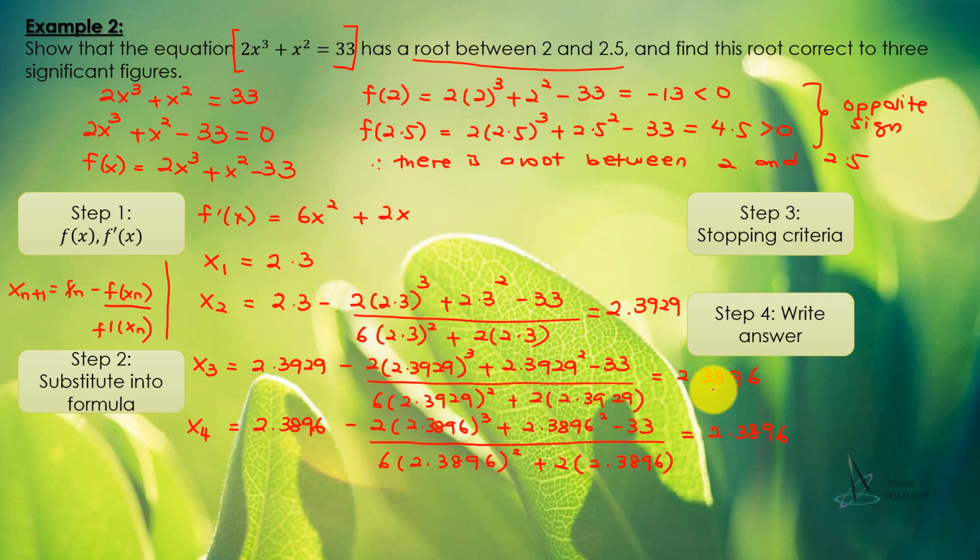So this is similar, both of them are similar. Therefore, this is our third step where we stop because they are similar. Now let us write down our answer. Therefore, x is equal to 2.39, which is correct up to 3 significant figures.